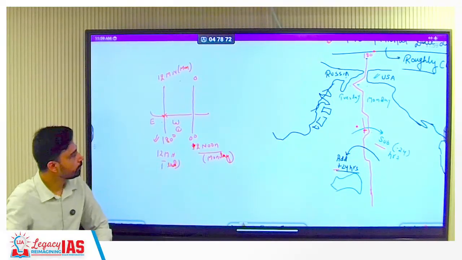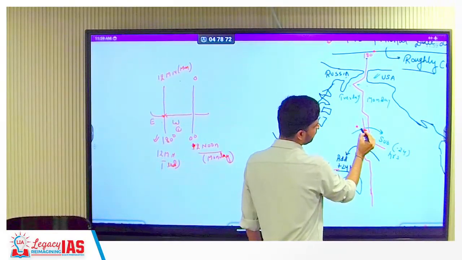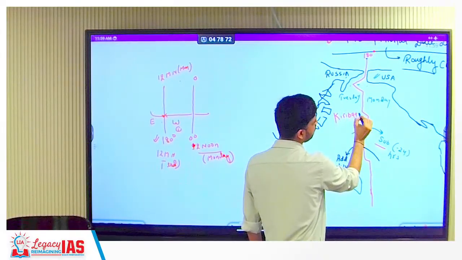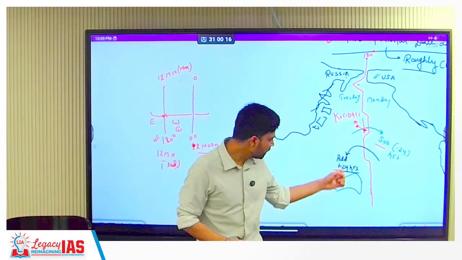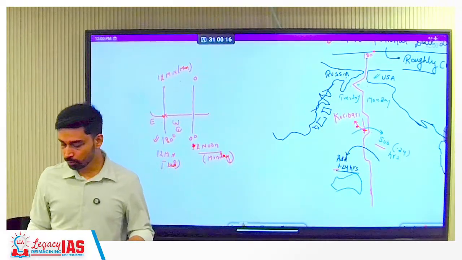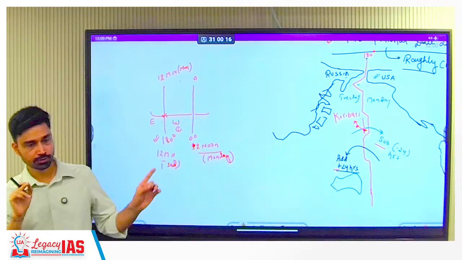Yeah, so which is the first country that you will find here if you are crossing from this side? A fact we can write: this is a country called Kiribati. The first country, as soon as you cross the ideal from east to west, is Kiribati. So if a question is asked which country in the world would celebrate New Year first, what should be the answer?